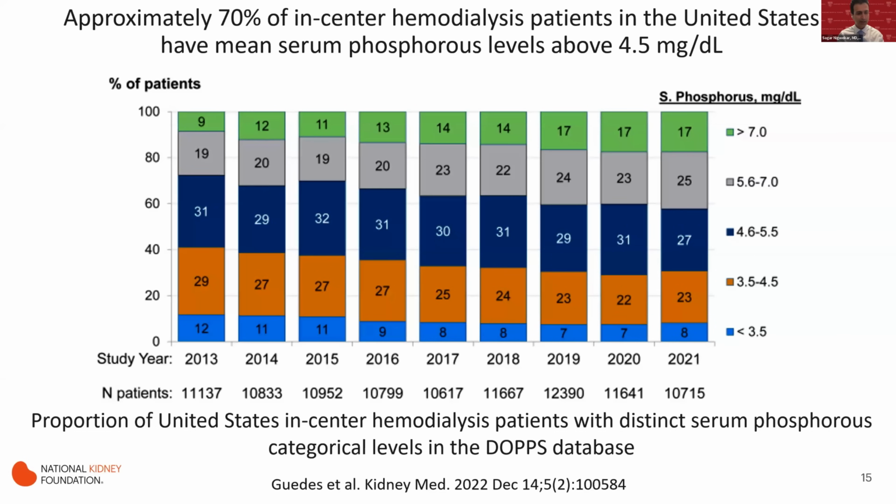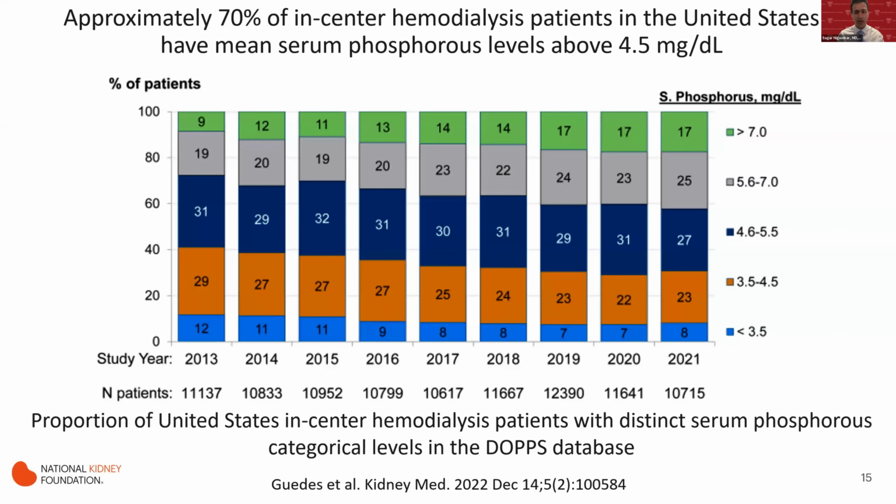On the x-axis, you have years going from 2013 to 2021, and on the y-axis, the percentage of patients. The proportions of patients in the different categories of phosphorus control are shown in different colors.